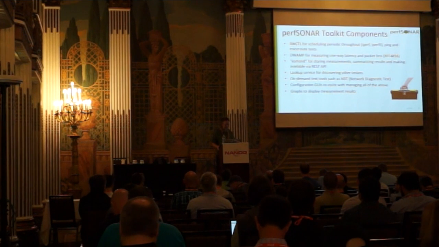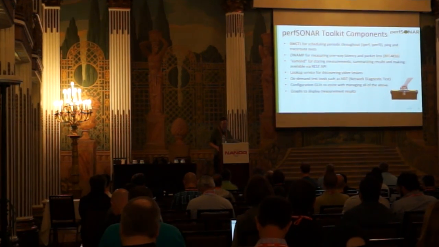So the toolkit includes the following components. There's something called BWCTL, which is short for bandwidth control, that runs periodic testing. The name is a little bit of a misnomer now because it started out just running tools like iPerf and iPerf3, which were bandwidth tools, but now BWCTL also runs ping and traceroute and a number of other tools.